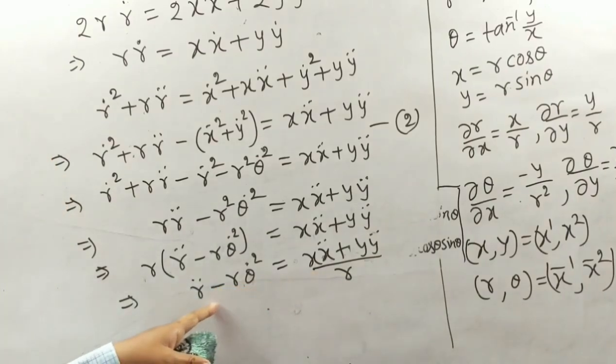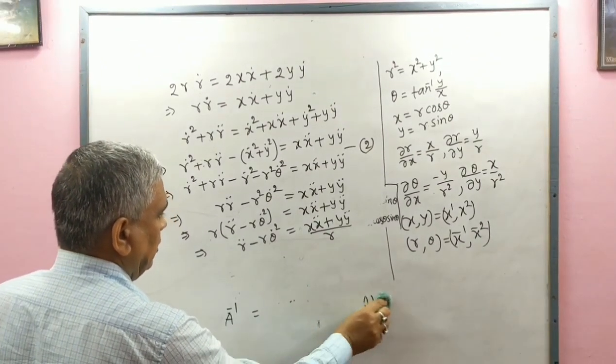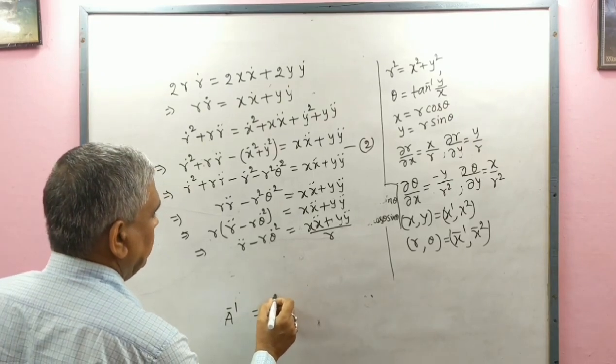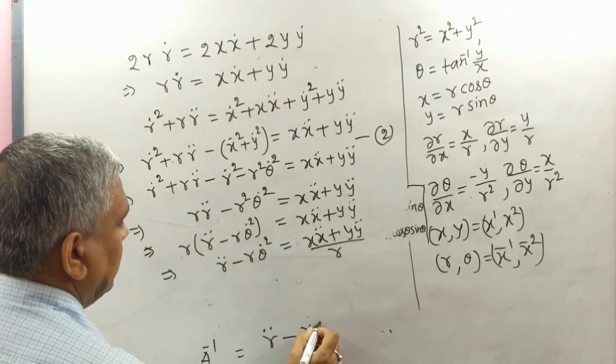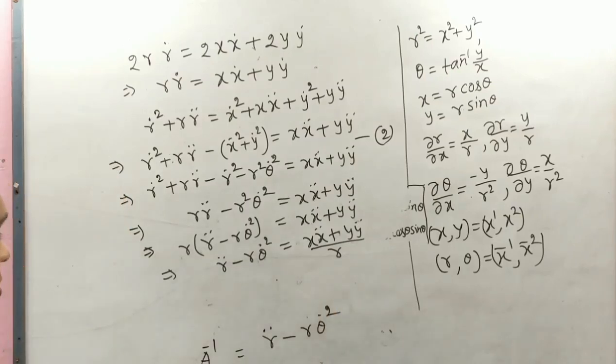Putting this result in equation 1, we get a bar 1 equal to r double dot minus r theta dot square. So this is the first component of the contravariant vector in the polar system of coordinates.